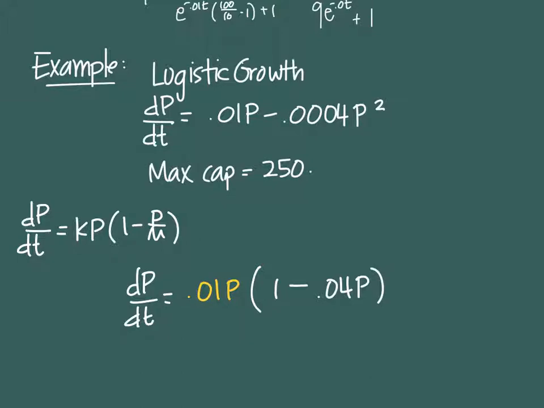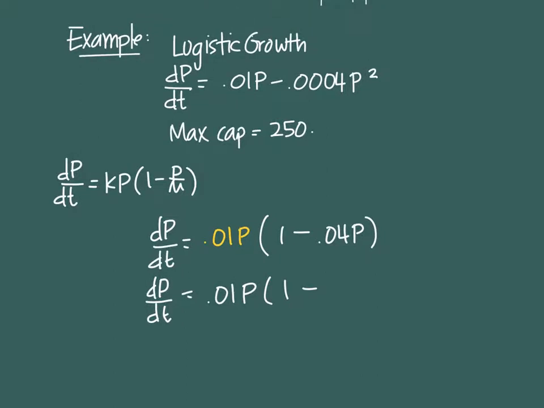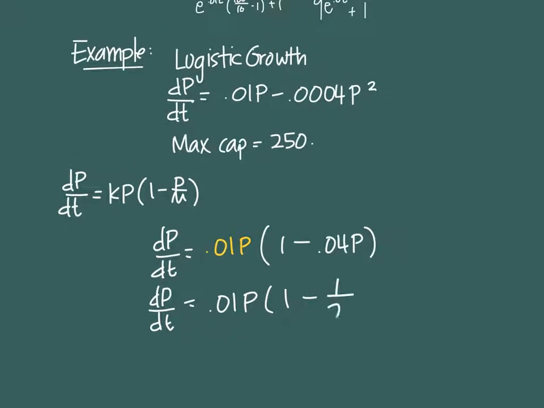But write it as a fraction so that it matches the form we want. So have this be 0.01P times 1 minus, okay, what's 0.04 as a fraction? Yeah, 1 over 25, P over 25.